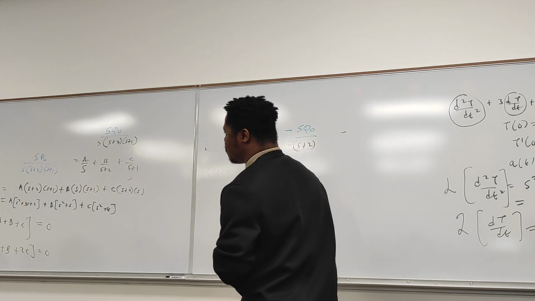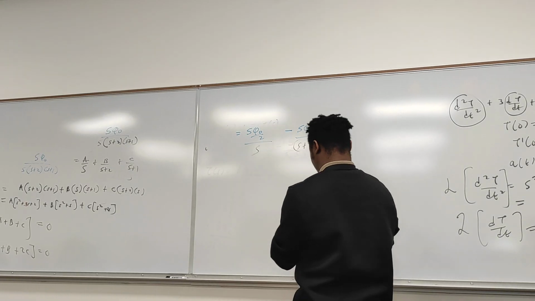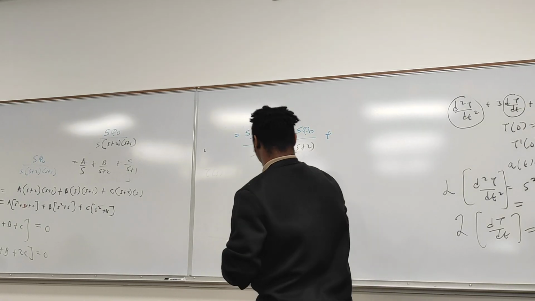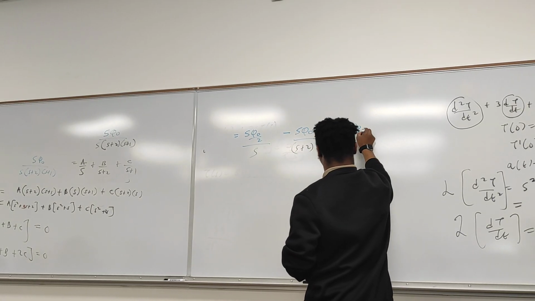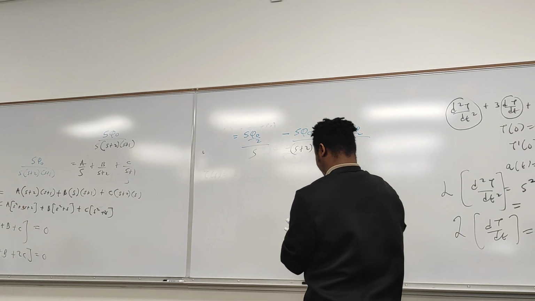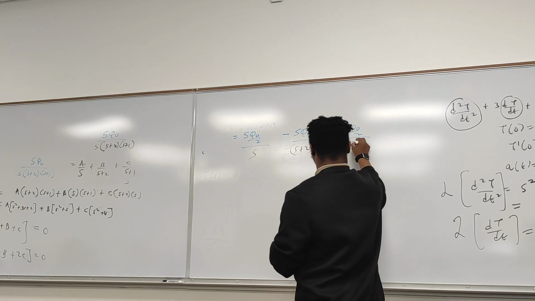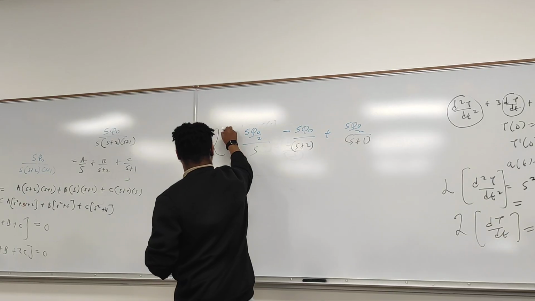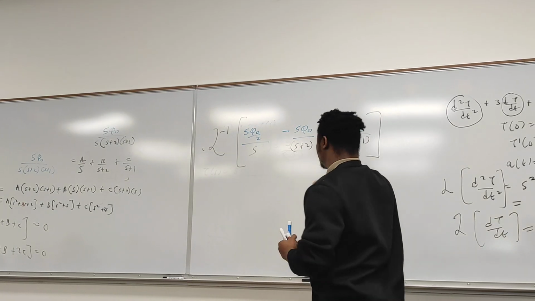Then we have plus C over S plus 1. Our C is 5Q naught over 2, so 5Q naught over 2 divided by S plus 1. So let's find the Laplace inverse of this. That would be our answer. We need to move it to time.